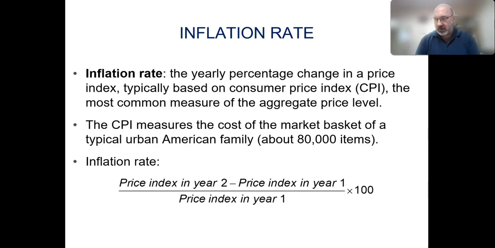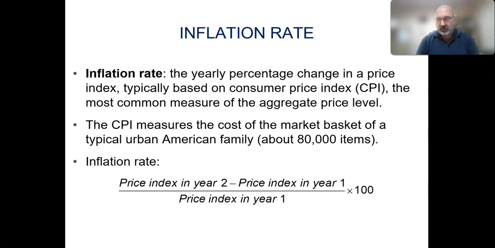This is the simple percentage change formula: new minus old divided by old, times 100, or move your decimal place two places. However you do that, that will get you your inflation rate.